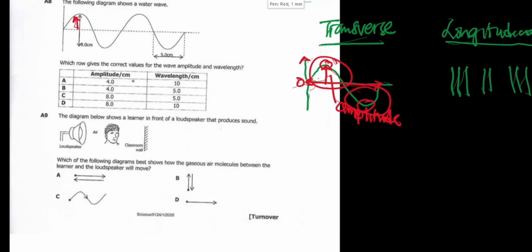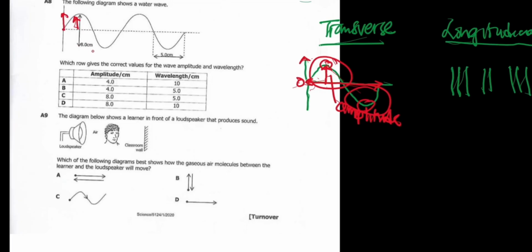So for this question, as you can see, you can easily see the amplitude of this particular wave. Because it is the maximum displacement of a wave from its resting position, then you know that it is just from the resting position to the maximum displacement.